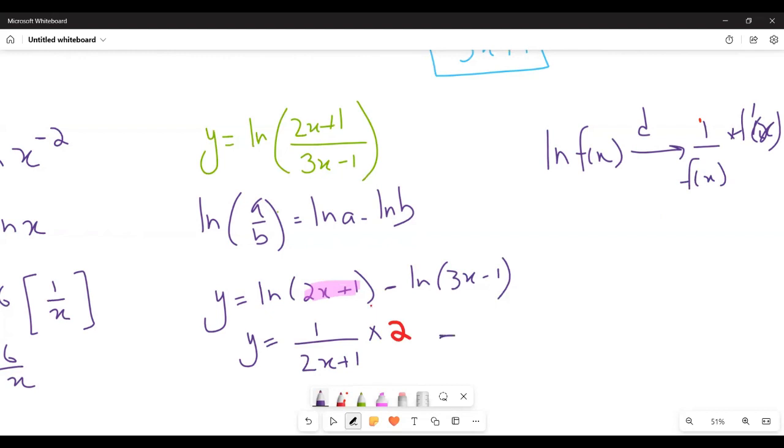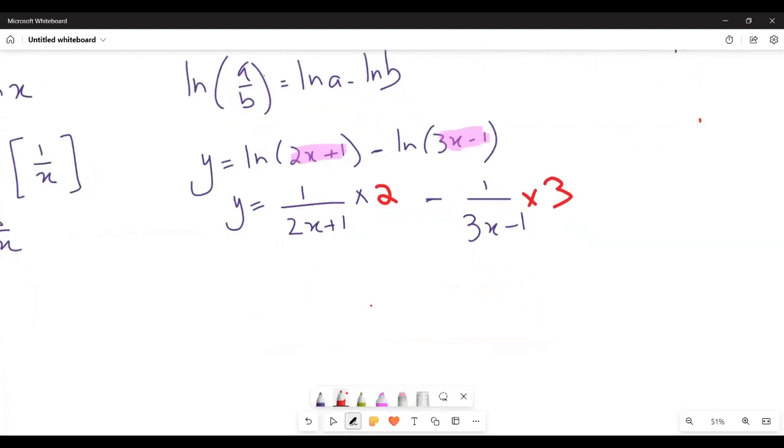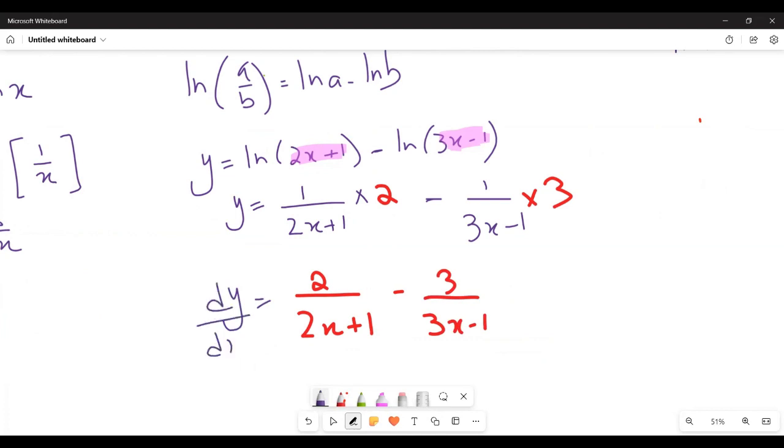Then a negative sign, 1 over 3x minus 1 multiplied by the derivative of this, which is 3. Two over 2x plus 1 minus 3 over 3x minus 1, dy over dx equals this. I should have written dy over dx here as well. So this would be the answer.